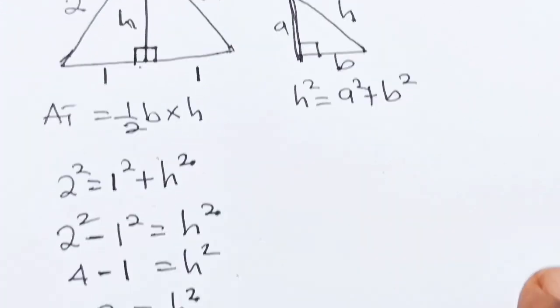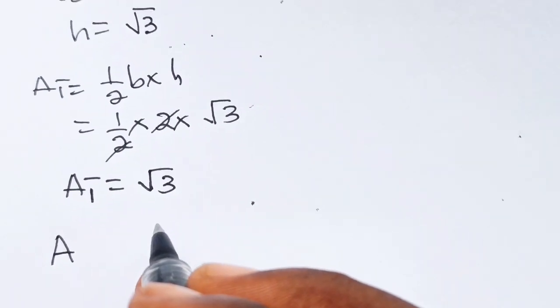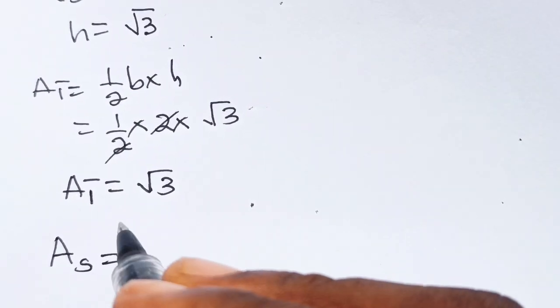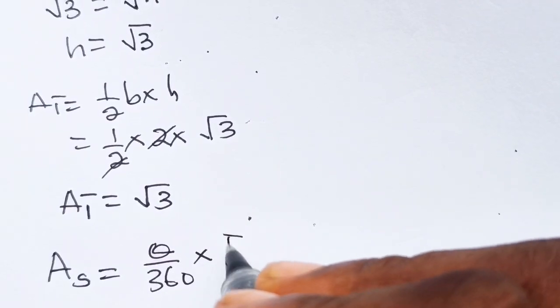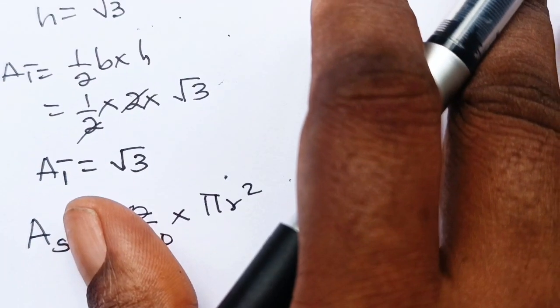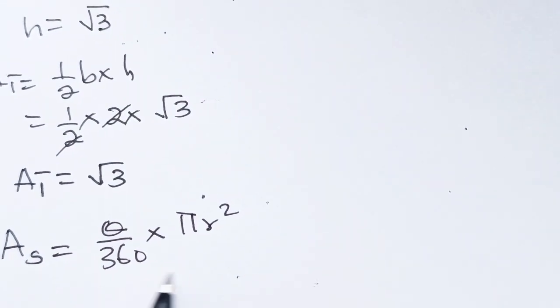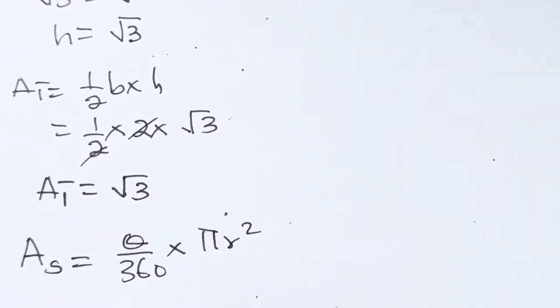Now let's first of all remember the area of a sector. Area of a sector is equal to theta over 360 times pi r squared. Now let's find the area of one sector. If we find the area of one sector, then we multiply it by 3 to get the area of the 3 sectors.